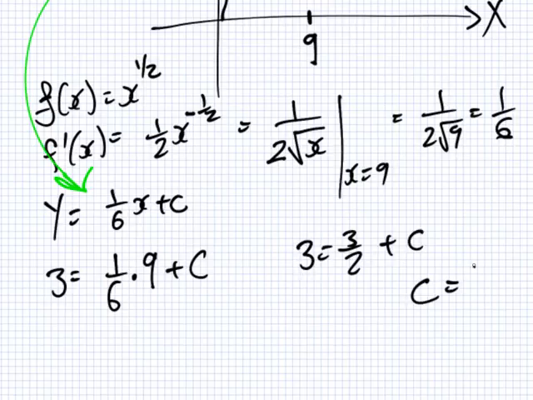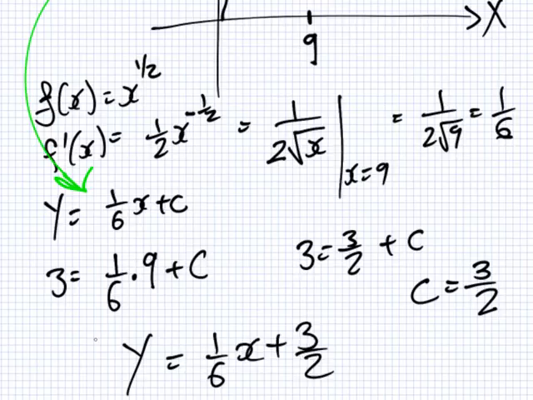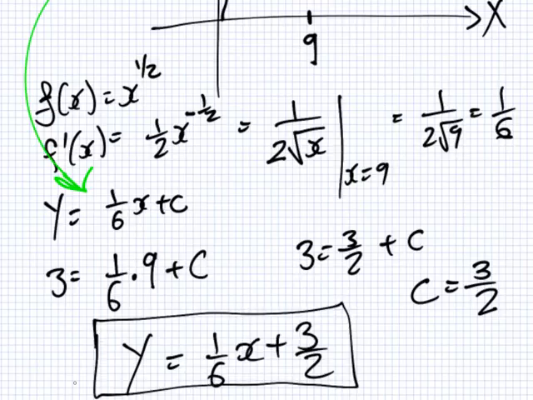So c equals 3 over 2. So I have y equals 1 over 6 x plus 3 over 2. Right. This is the tangent, which is what I wanted.